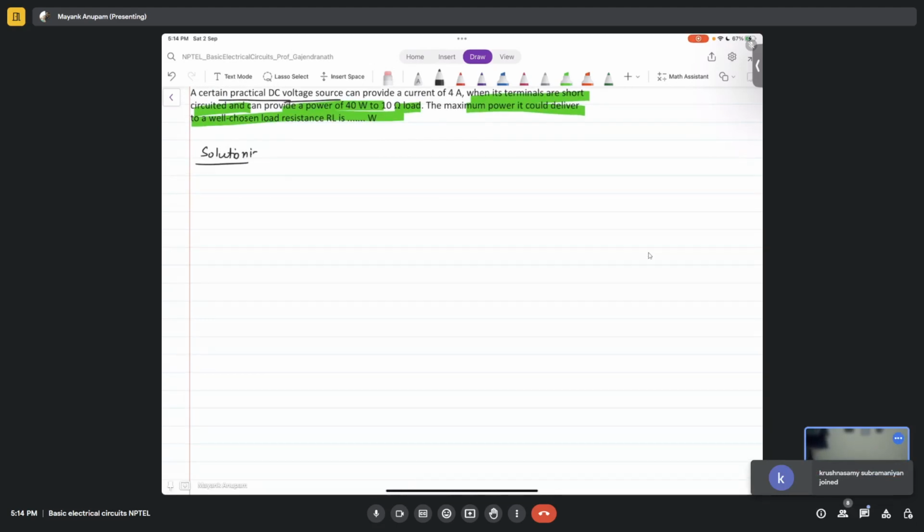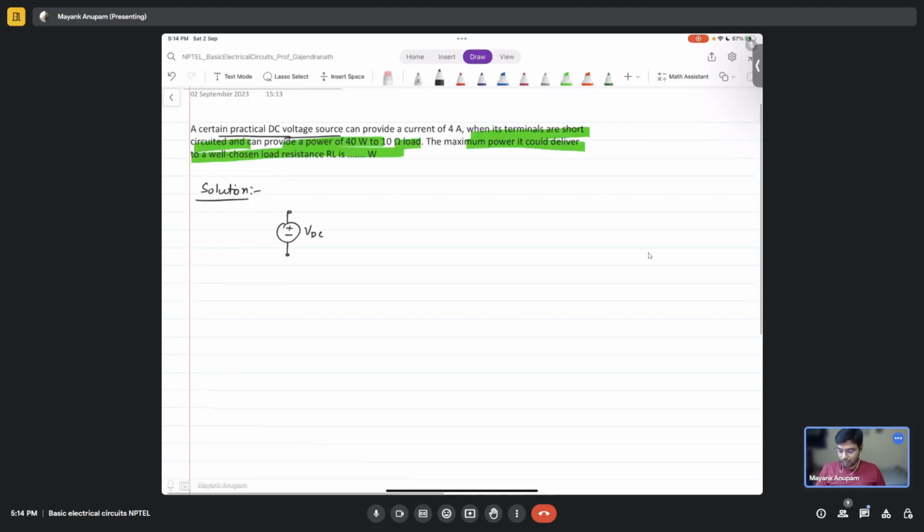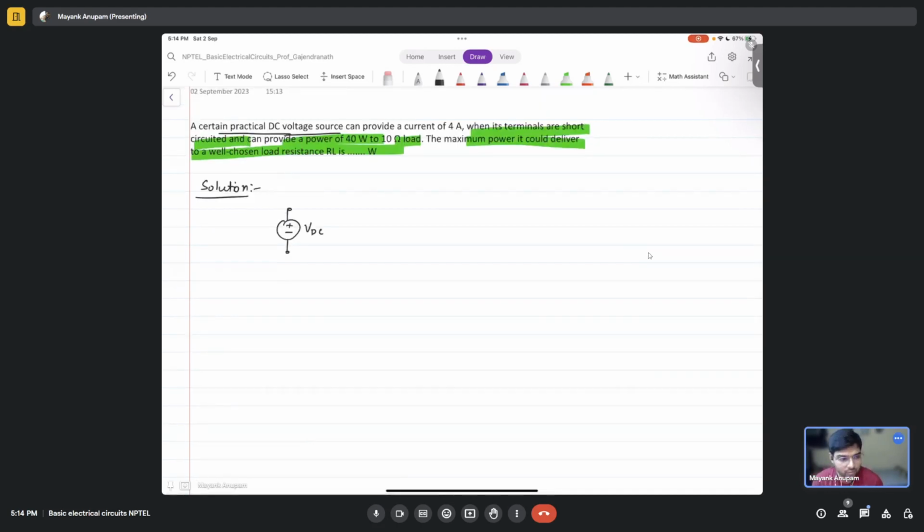So what is the model of a practical DC voltage source? Is it like this? Is this a correct model of a practical DC voltage source?